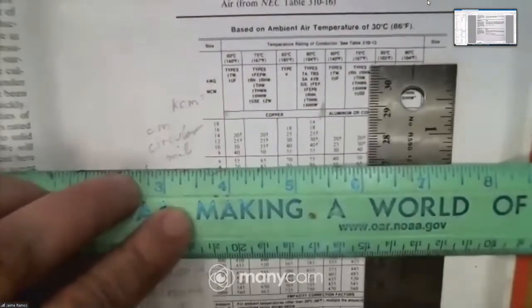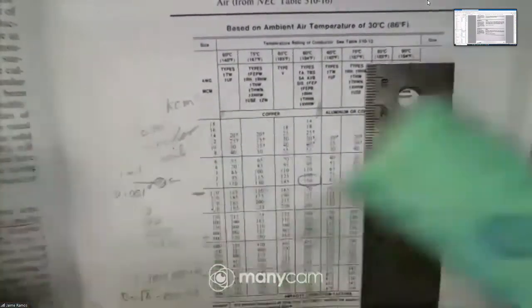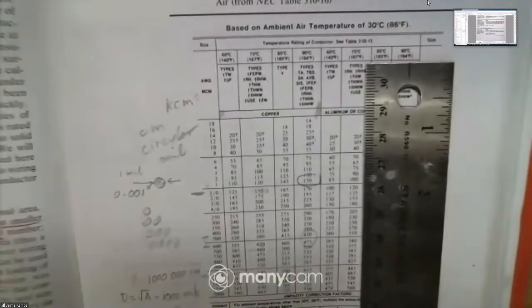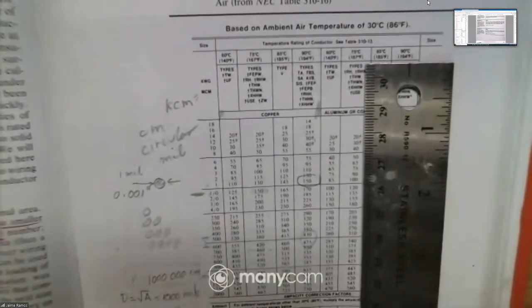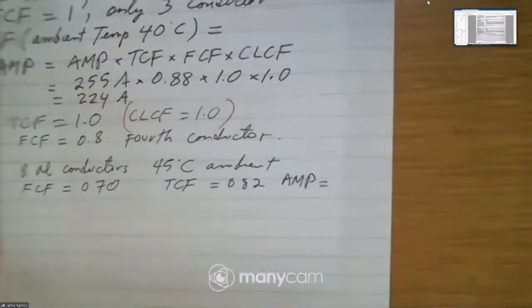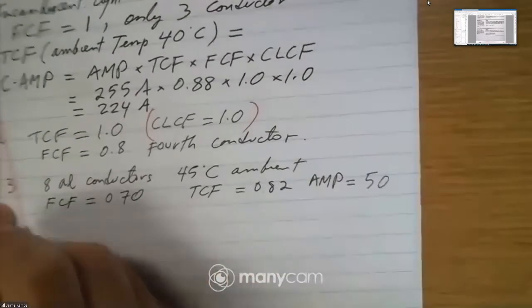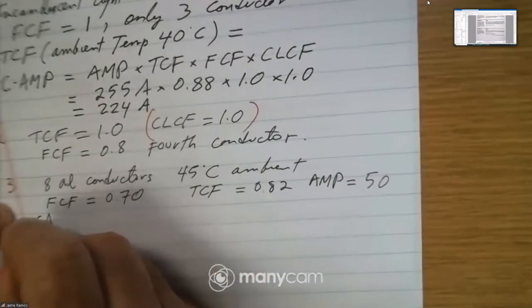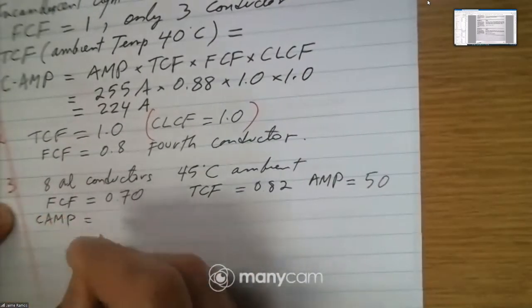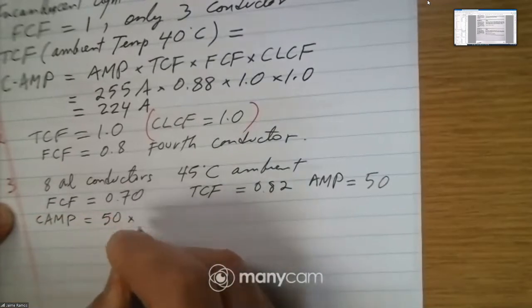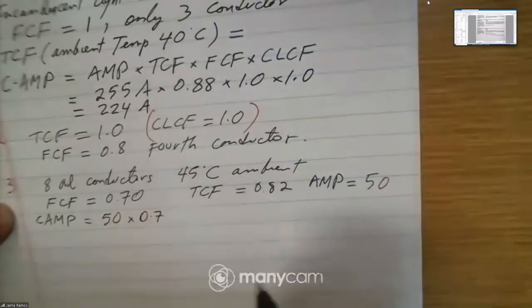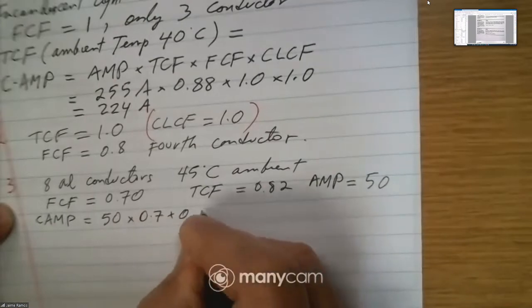But we will see the high impact. 50 amps. Look at the high impact. Correction ampacity: 50 times 0.7 times 0.82.